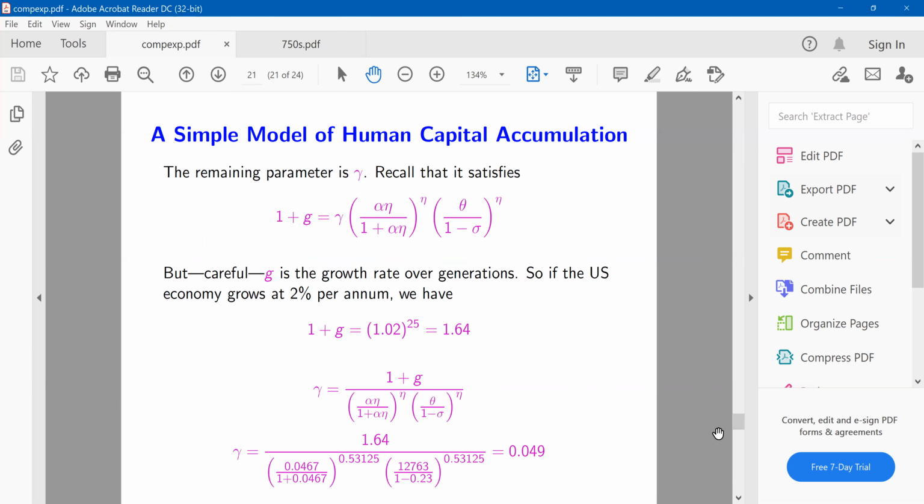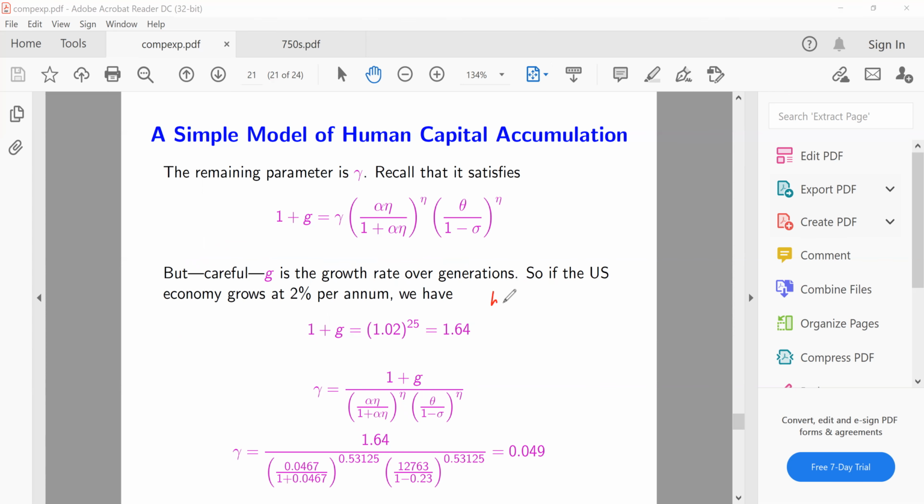Okay, the last parameter is gamma, right? Remember what gamma is. Gamma is the parameter in the human capital production function. So in the human capital production function, you have gamma, ET eta, HT1 minus eta, right?